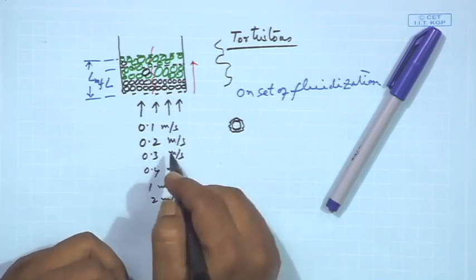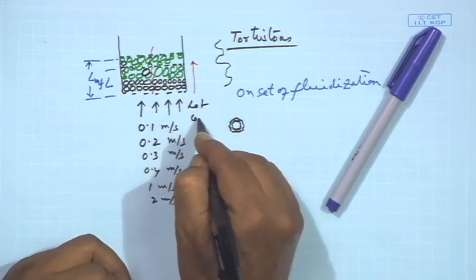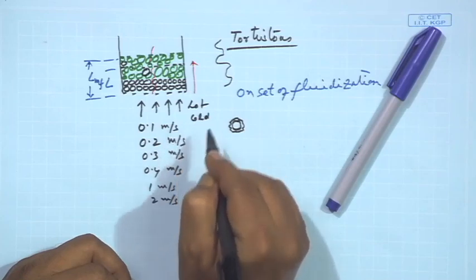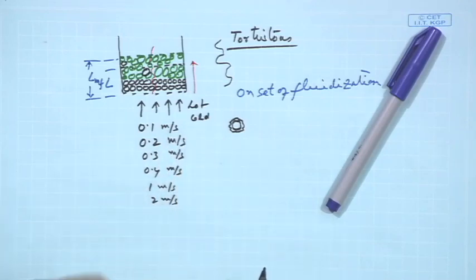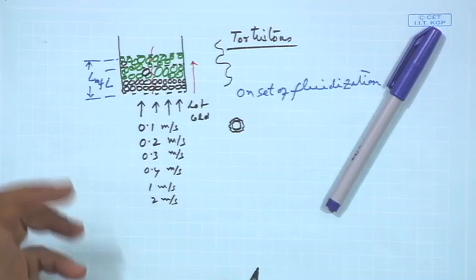Now, this gas could be hot gas, this gas could also be cold gas, right. So, either for heating or for cooling, if you are using that gas or fluid, then heat transfer will be better, because now you have exposed the entire surface area.